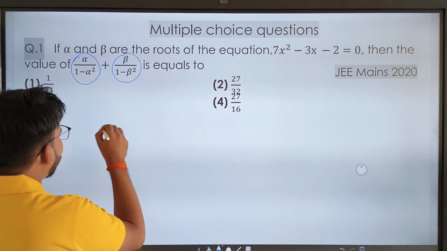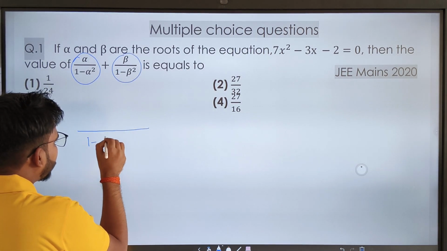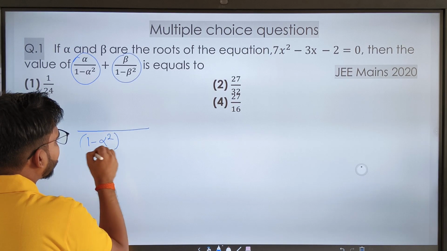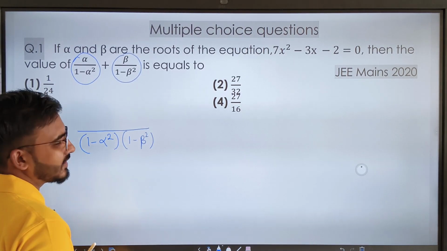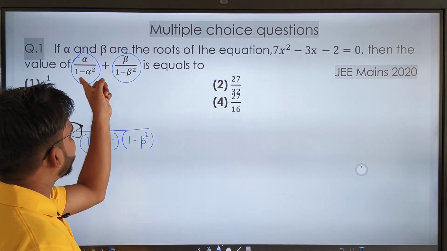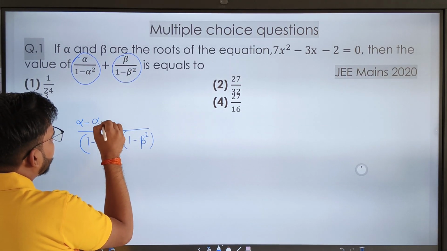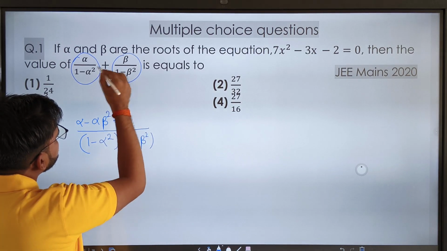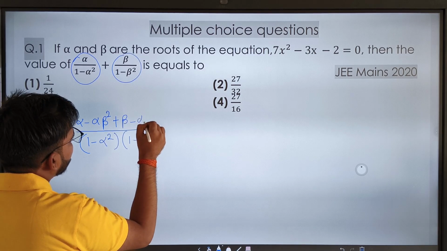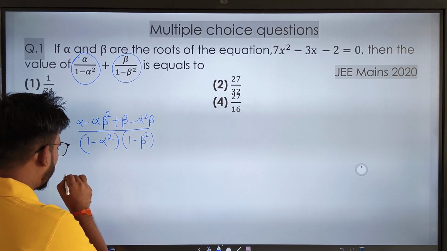If I take its LCM, in the denominator we'll get 1 minus alpha square into 1 minus beta square. Okay, next, think about the numerator. The numerator will cross multiply, so it is going to be alpha minus alpha times beta square plus beta minus alpha square beta. So let's see.